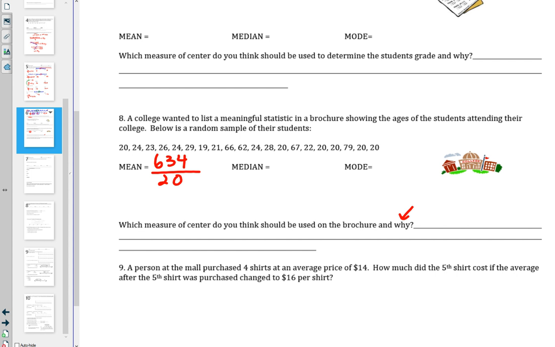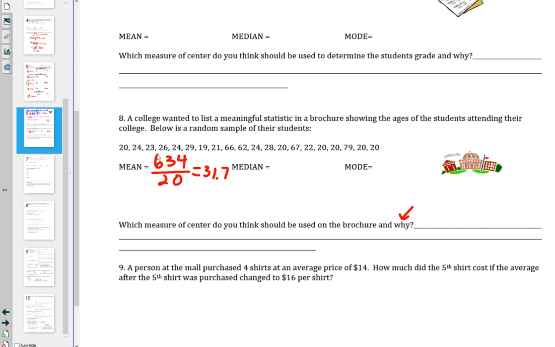So that should be 31.7. For number 8, in my head, I'm getting 31.7 for the average. The median, oh man, that stinks.